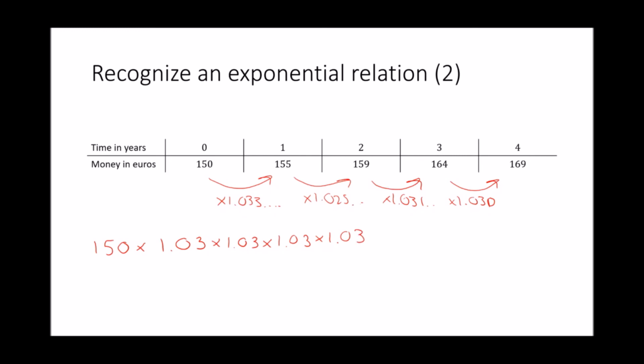So it is an exponential relation with growth factor 1.03. But you don't see it immediately. You have to check every step of the way, then figure out what it is really close to, and after that you have to check, does it work every time? Does it give me that rounded off value? So that is a special case for exponential relations.